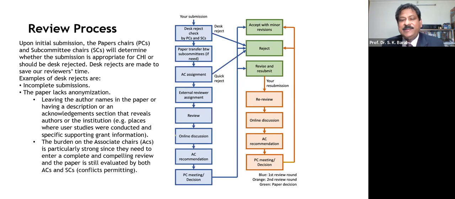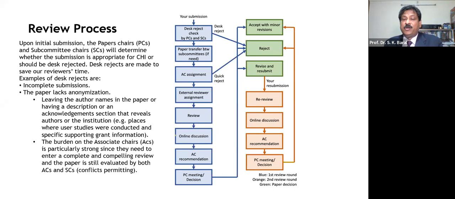Then also online discussions will be there, then also the associate chair recommendation will be there, then also the final discussion will take place. So this is the process of review of a paper when you are writing that paper for publishing purposes.